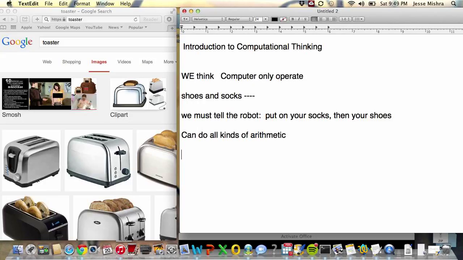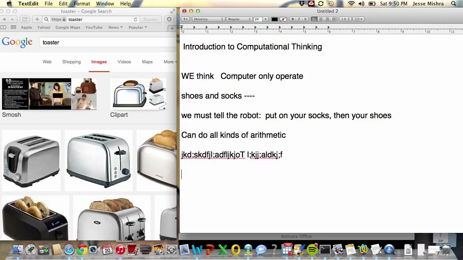For example, if I type just some random thing, and I ask you, is there a capital T in that string? You'll be able to answer me very quickly that there is.